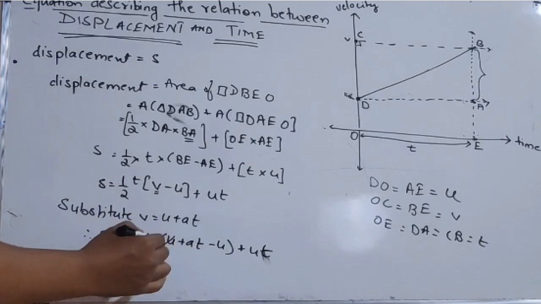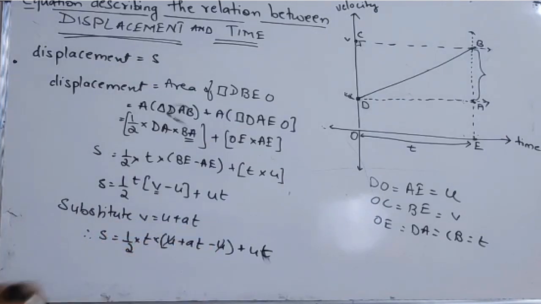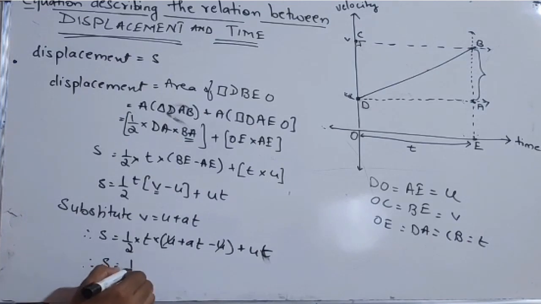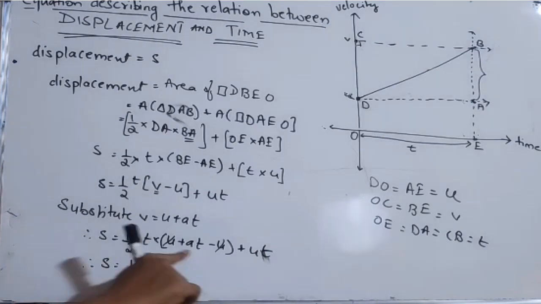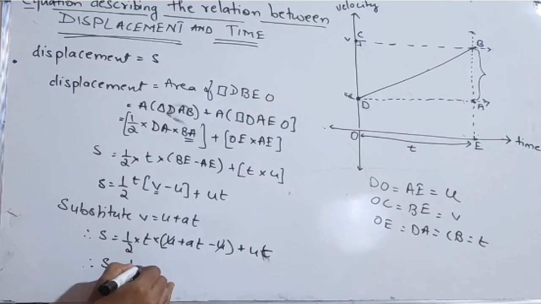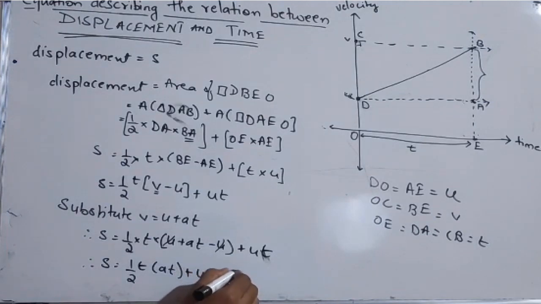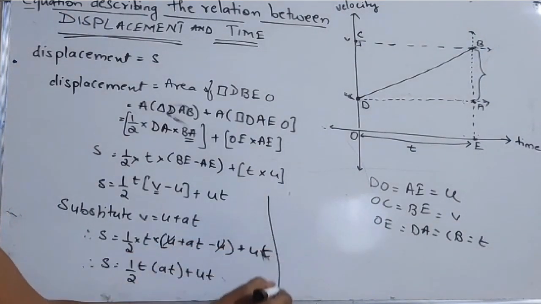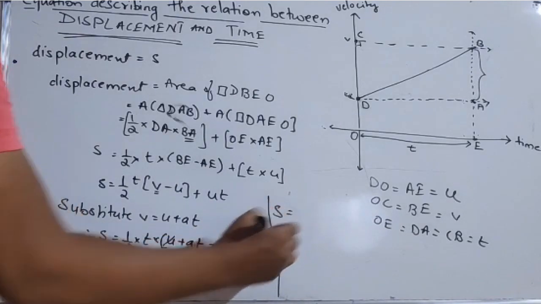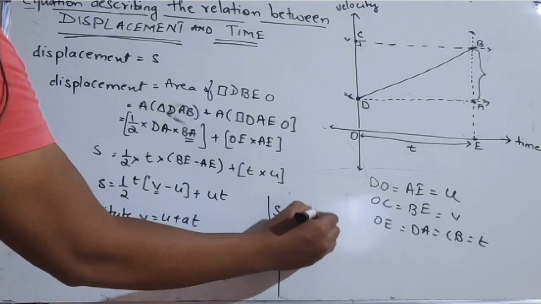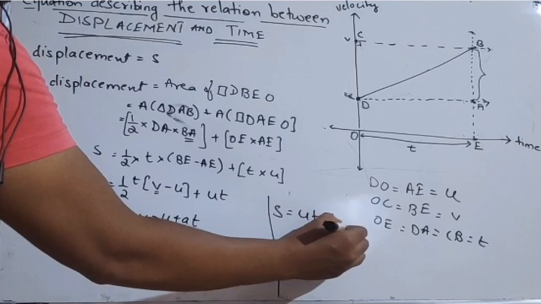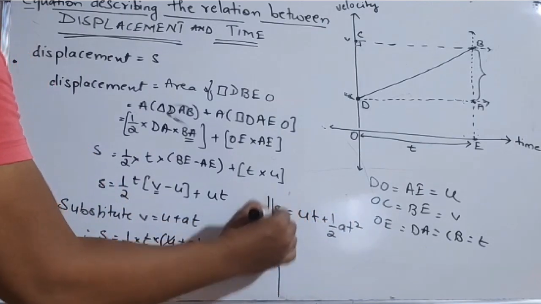So this U and this U get cancelled. So what you're left with is, therefore, S is equal to half T into AT plus UT. So S is equal to UT plus half AT square.